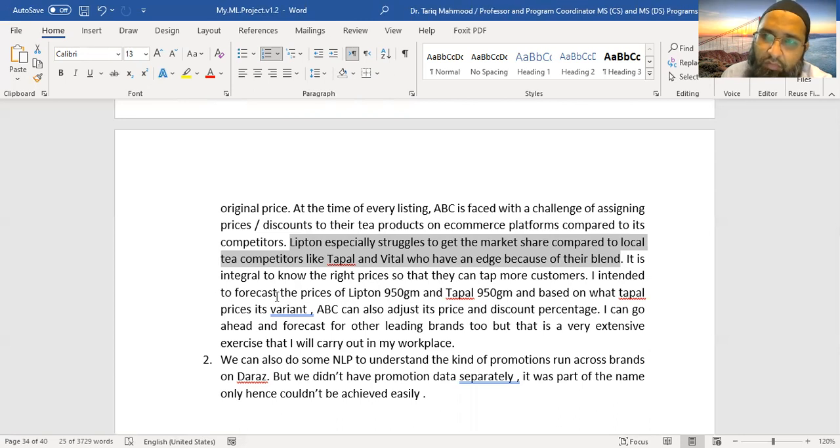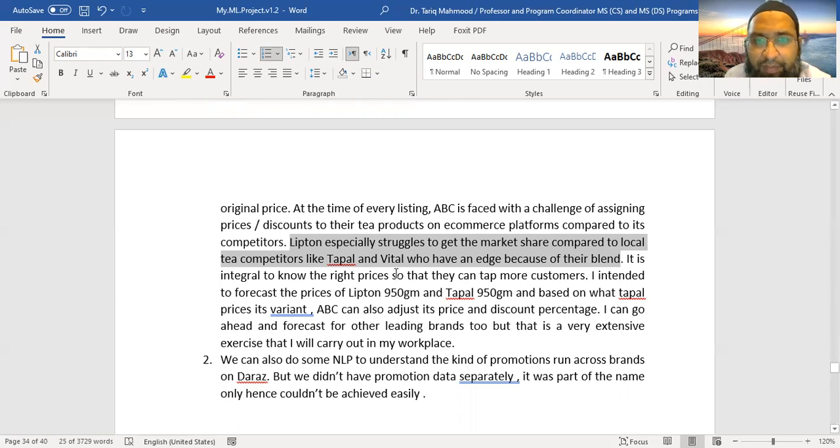So maybe the Lipton strategy works in a brick and mortar store, in which the user just goes and picks up the bottle of half a kg of tea because he or she has been buying that for the last 15 years. But in the case of e-commerce, the scenario changes completely. The one who moves most is the one who is most profitable.